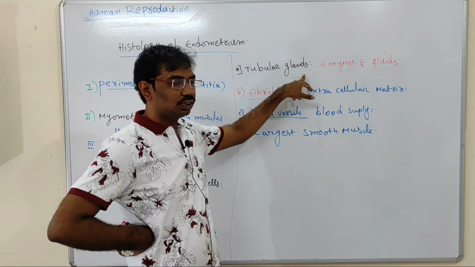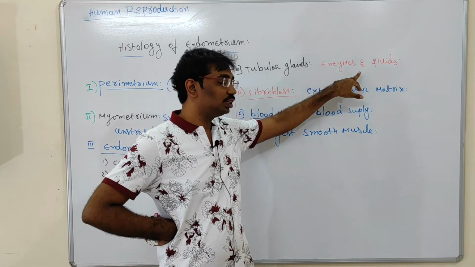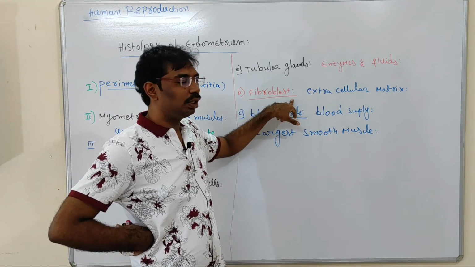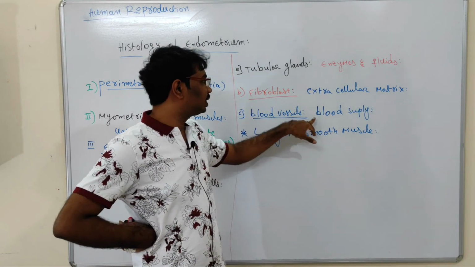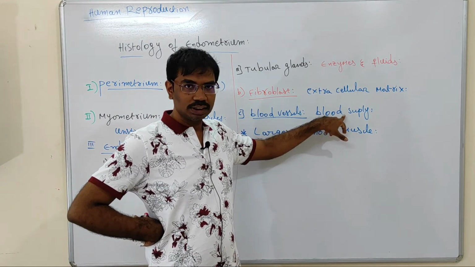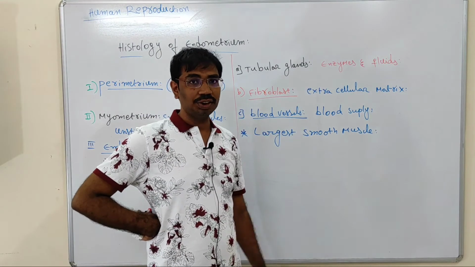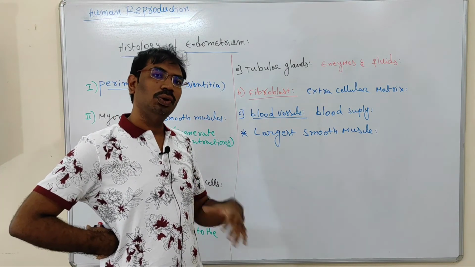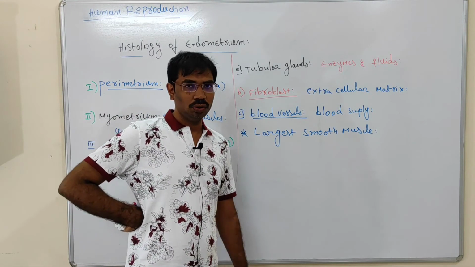Tubular glands produce enzymes and fluids, fibroblasts are responsible for the extracellular matrix, and blood vessels are responsible for blood supply. The largest smooth muscle is present during pregnancy. This is about the histology of the uterus.